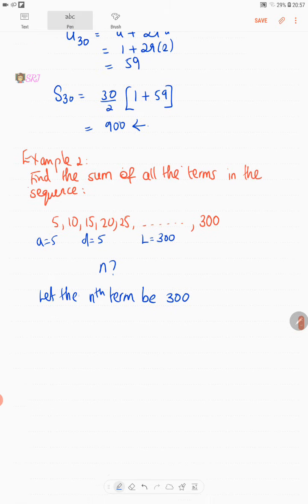Here we use the formula for the nth term, the formula we used in lesson 1. So un is equal to a plus n minus 1 times d. So here un, the nth term, is 300, 5 plus 29 times d.